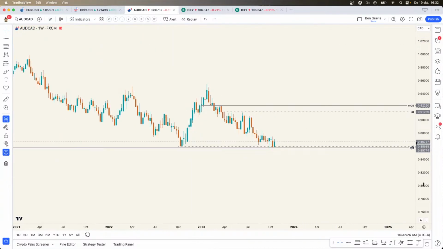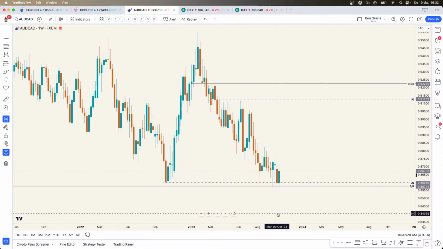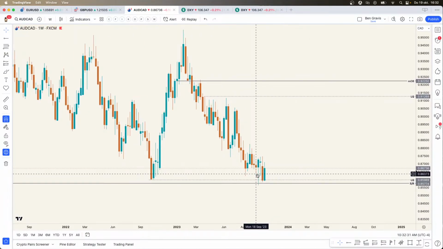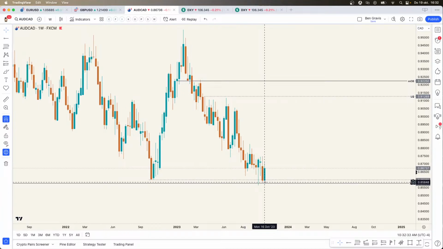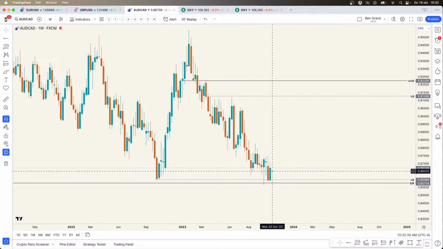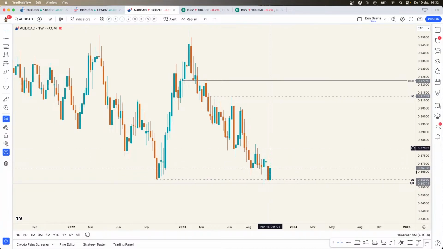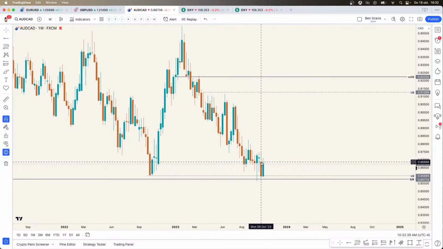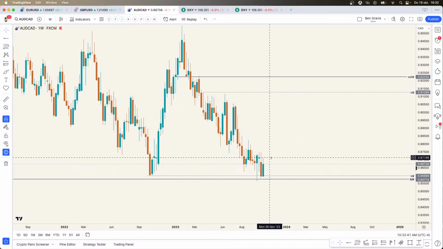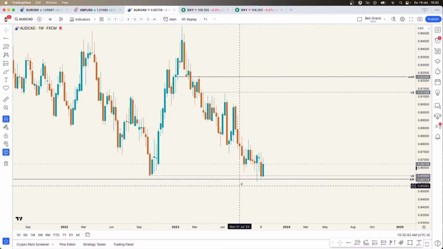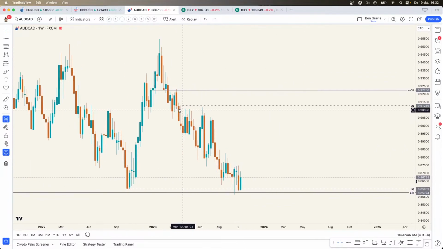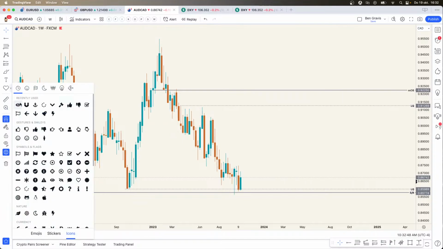So we are at a huge SR level. We have the market slowing down. 1, 2, 3, let's say 4. If this week ends rather bullish with an engulfing candle, we kind of have like a double bottom, and then the target would be over here.